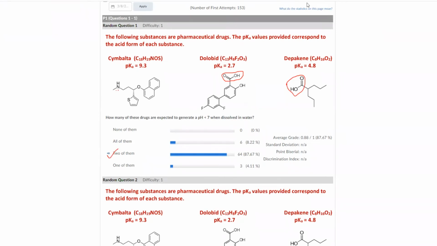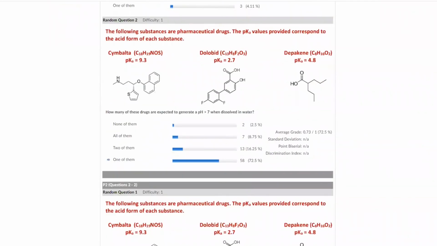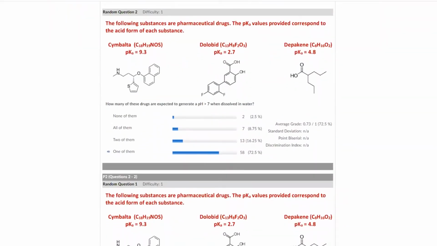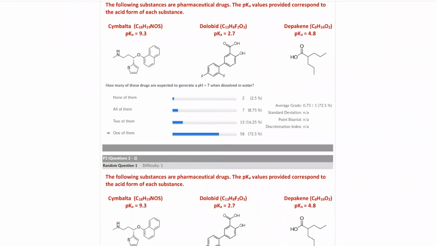Let me get rid of my doodling and move down a little bit. The second question is another version of the same question: which of the above compounds will produce a pH greater than 7? If the pH is greater than 7, it's going to be a base.